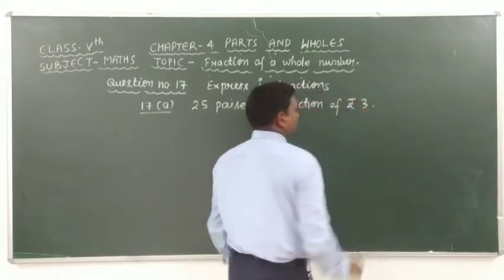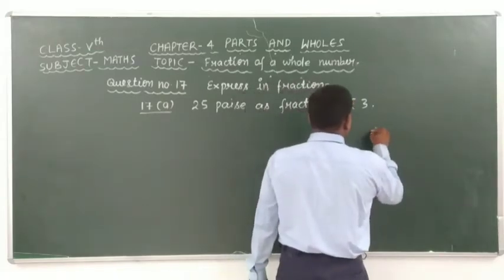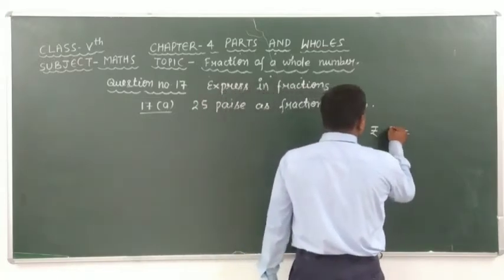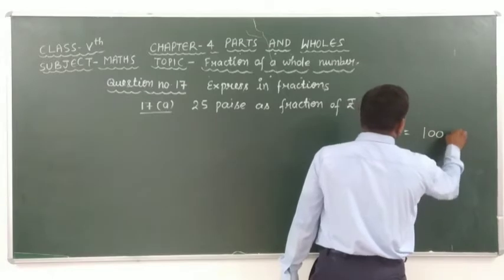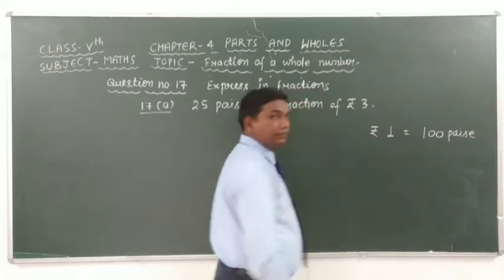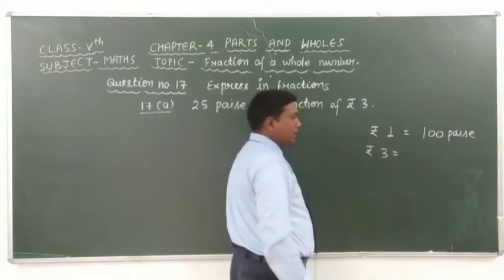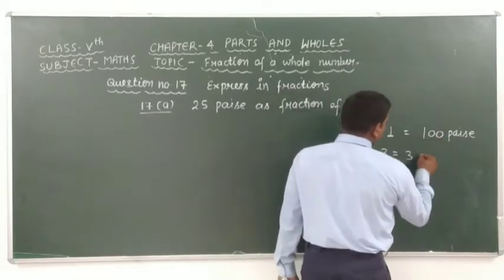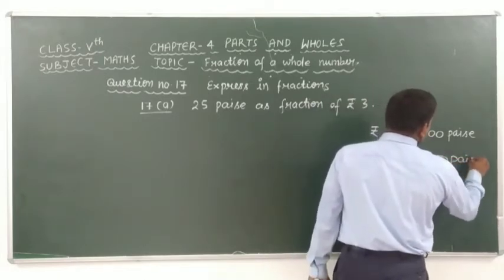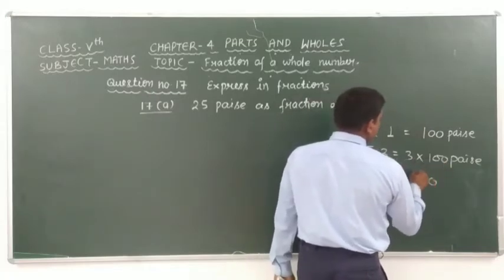Dear students, we know that in 1 rupee how many paise are there? Yes, 100 paise. It means that in 1 rupee there are 100 paise. Therefore in rupees 3 we have, here we have to take the multiplication of 100 paise and 3, then we get 3 times 0 is 0, 3 times 0 is 0, 3 times 1 is 3.